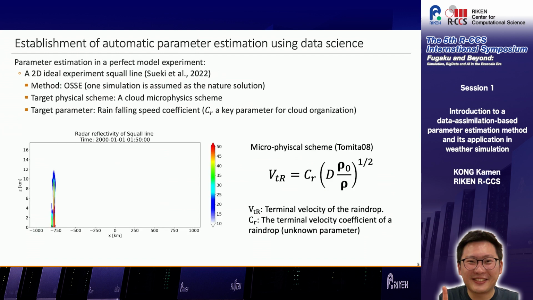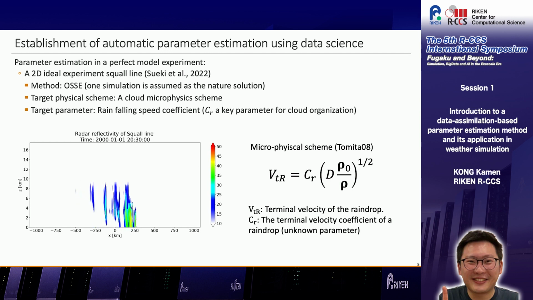To test this system, we did some experiments. For example, we assume this weather model is a perfect model and create a 2D squall line experiment.